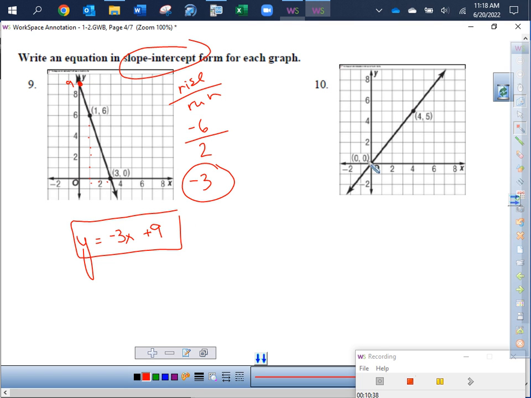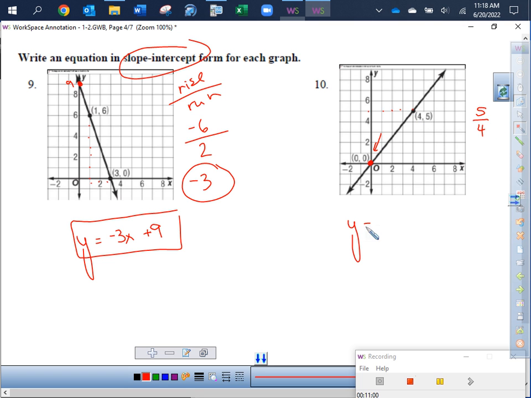We shall do the same thing again. Here's the y-intercept. It's where it crosses the y-axis at 0. The slope is positive because this line goes up from left to right. So rise 1, 2, 3, 4, 5 to get to that point right there. Run 1, 2, 3, 4. So 5/4 does not reduce.